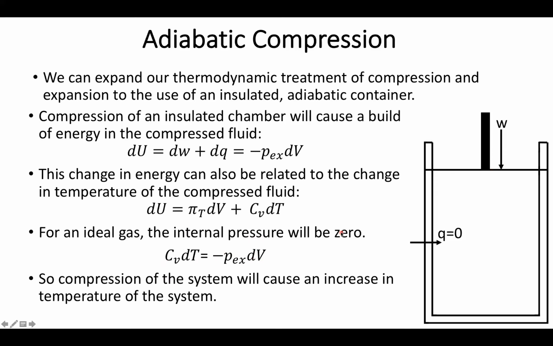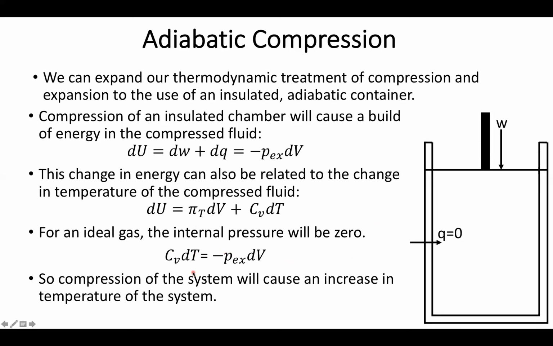This helps tell us something that we intuitively grasp, which is that in general, if I compress a piston and I don't let the heat escape, then all of that energy is going to build up inside my system as an increase in temperature. This is a fairly important feature when you're working with, say, engines, or even when you're trying to compress gases, that you have to deal with this increased temperature buildup.